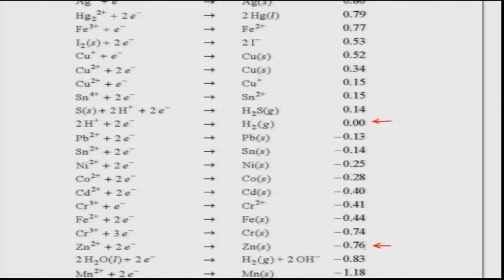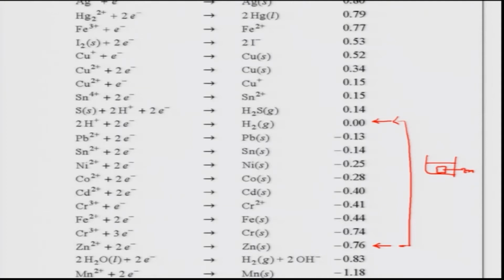Zinc's reduction potential is negative, whereas hydrogen's reduction potential is 0. So, in an acid medium, if you have a zinc plate, you have immediate hydrogen evolution, because the hydrogen ion would get immediately reduced and zinc would dissolve quickly.